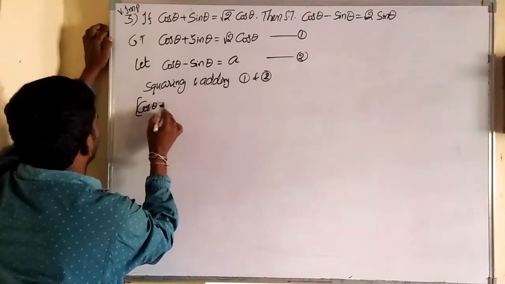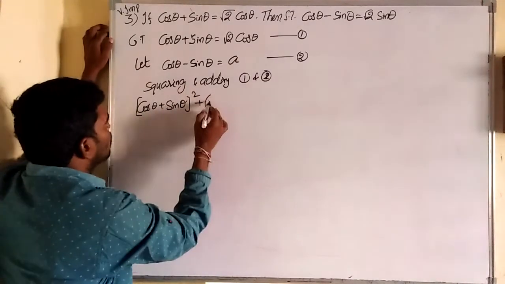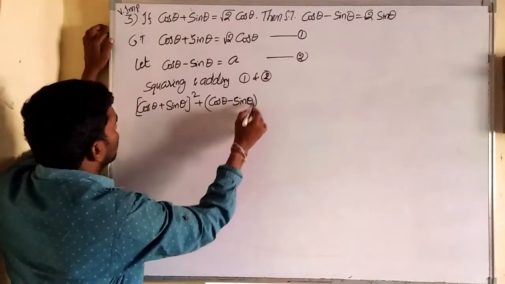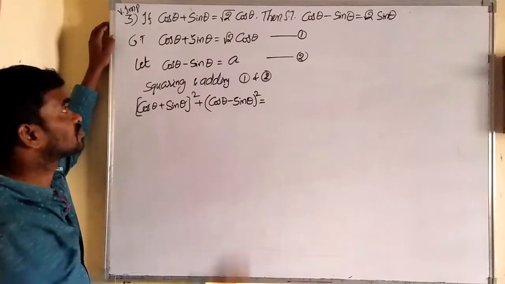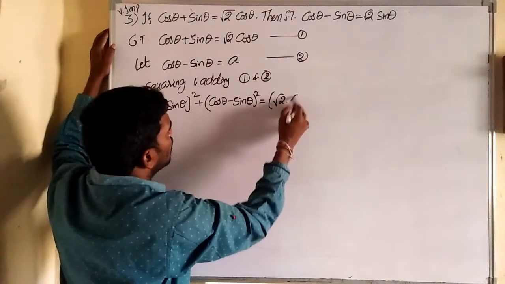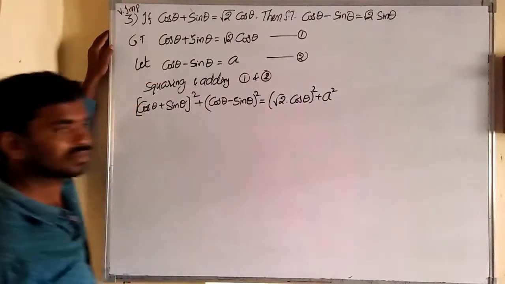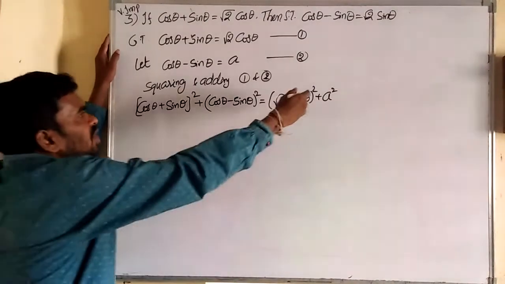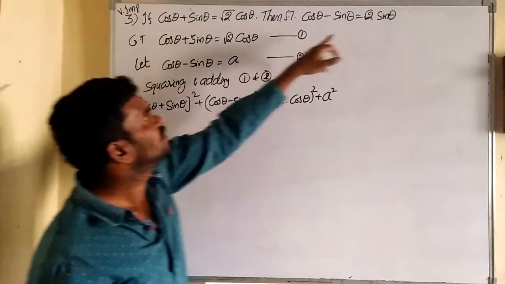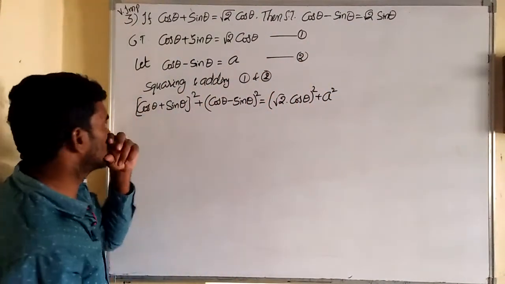Write down as it is: cos theta plus sin theta whole square plus cos theta minus sin theta whole square is equal to, and the right hand terms also the same, do the square: root 2 into cos theta whole square plus A square. Simplify and find out the A value. You will get the answer. Because if we get A as root 2 sin theta, that means our solution is correct.